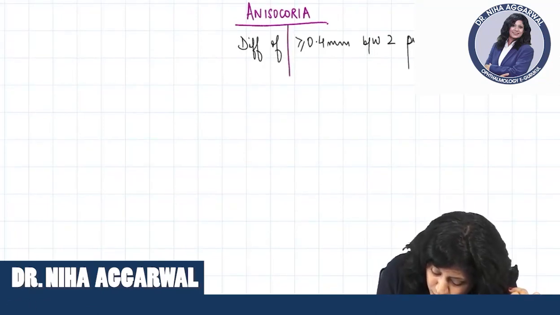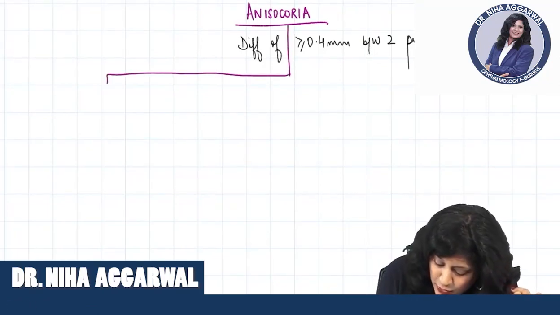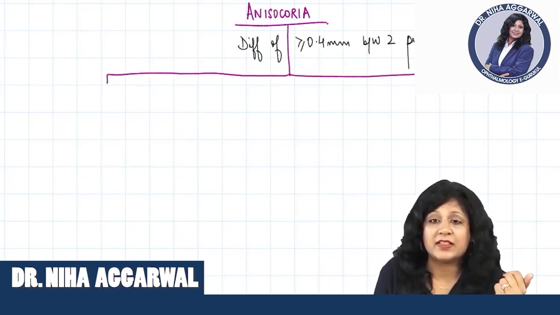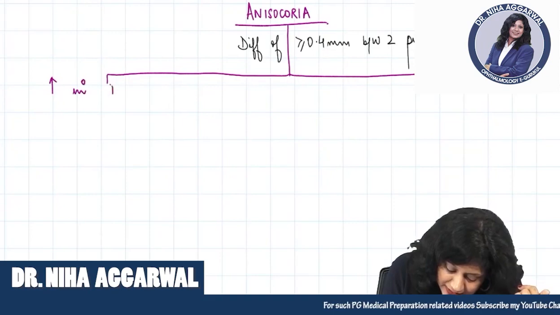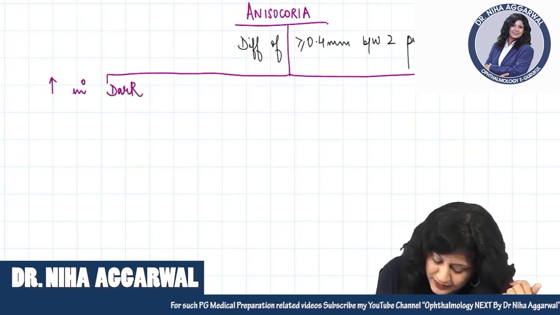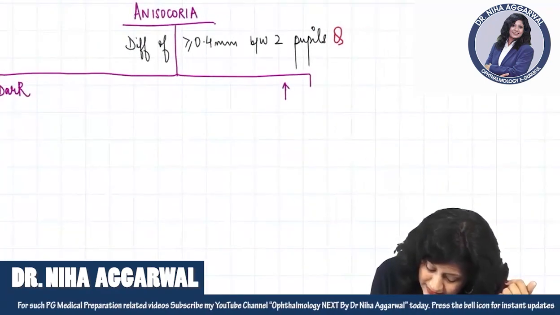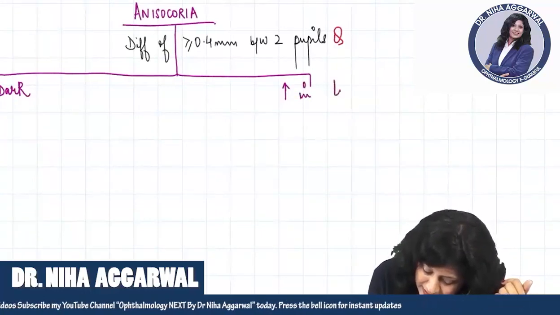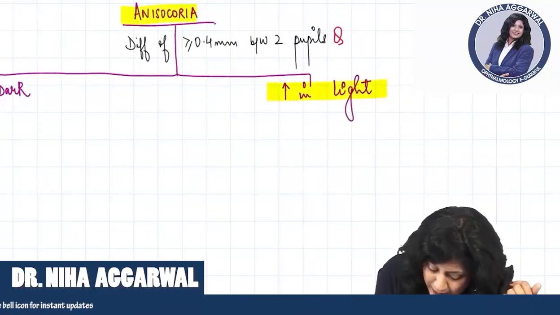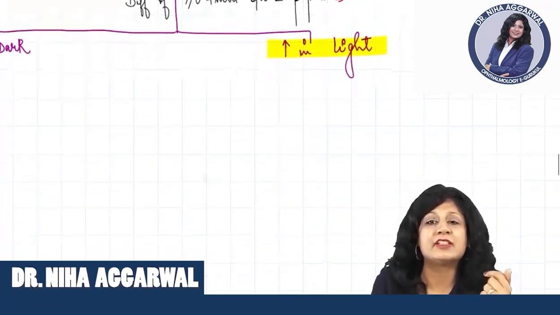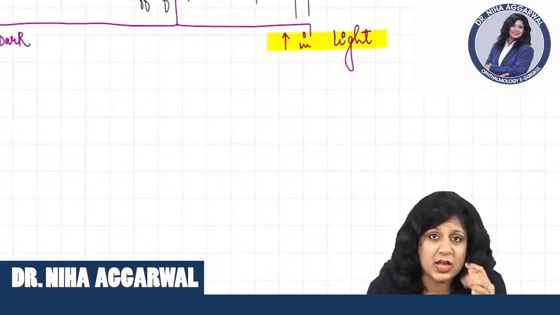Now how to interpret it? You have to see whether this anisocoria is increasing in the dark conditions or whether it is increasing in the lighted condition. So you have to see this one by one. First see if it is increasing in the light.